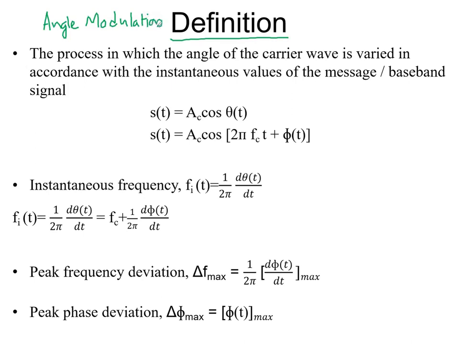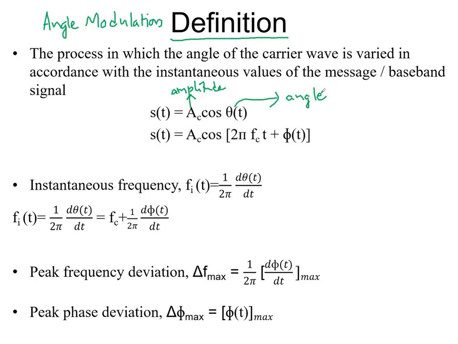What is the name suggesting to you, angle means? Suppose you have taken a certain carrier signal like this, s(t) = Ac cos θ(t). Here Ac is representing the amplitude part, then θ(t) is representing the angle part.